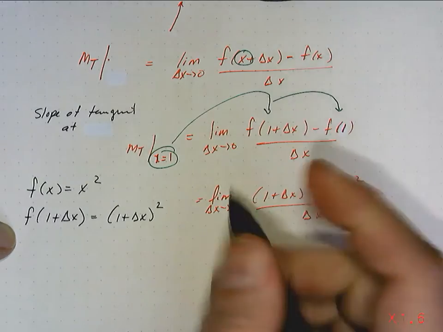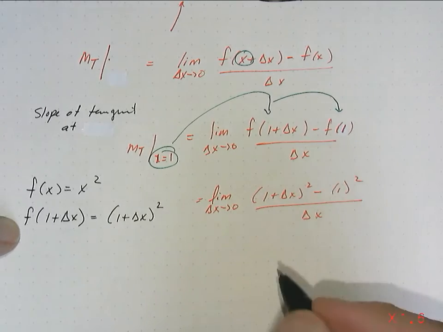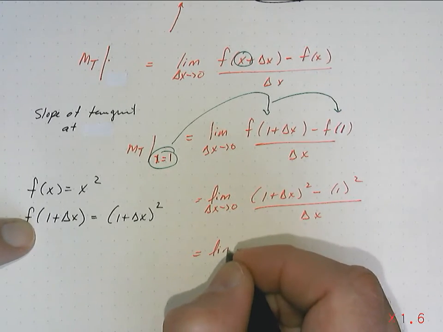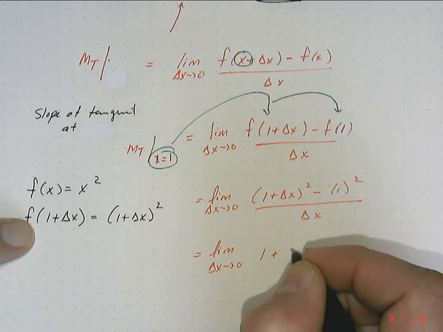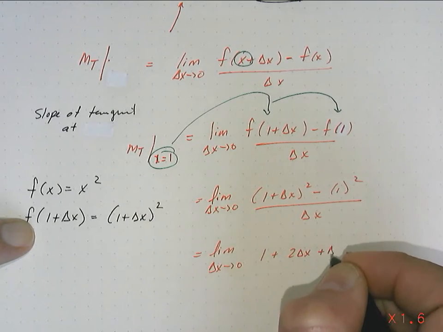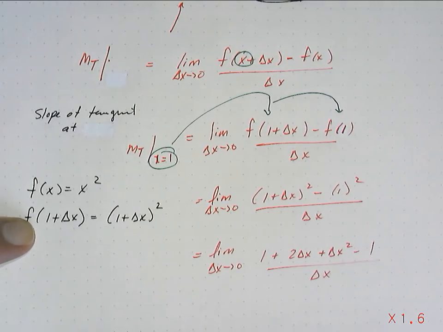What do we get? Well, if you plug in delta x approaches 0 right now, you'll get 0 over 0. But if we do a little bit of work, we're going to get 1 plus 2 delta x plus delta x squared minus 1 over top of delta x.